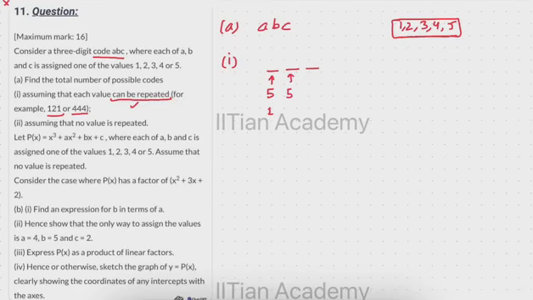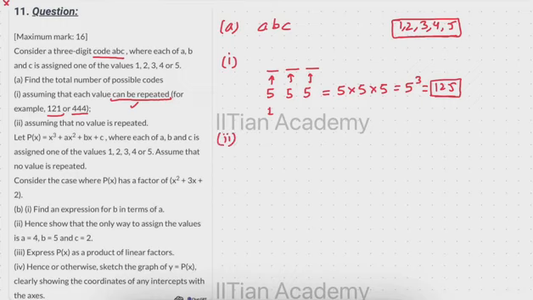For the third space also, as any value can be repeated, we again have 5 options. So in total, we have 5 multiplied by 5 multiplied by 5, that is 5 cube, or 125 possible codes where repetition of values is allowed.